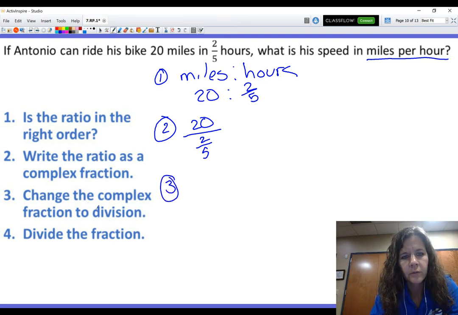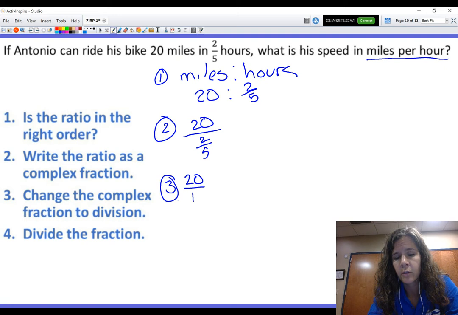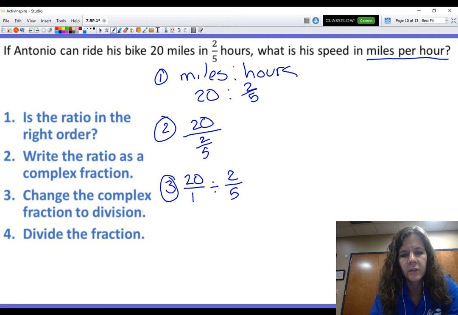Step 3, change the complex fraction to division. So we have 20. Let's make that an improper fraction by putting it over 1, divided by 2/5. Now we simply divide the fraction.